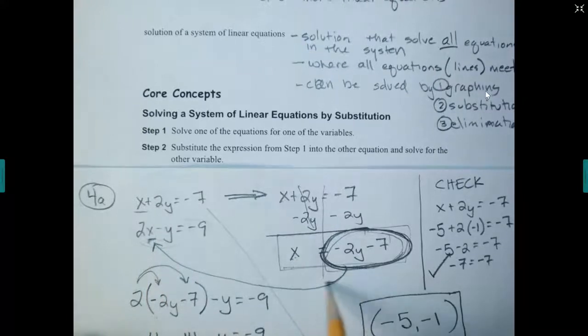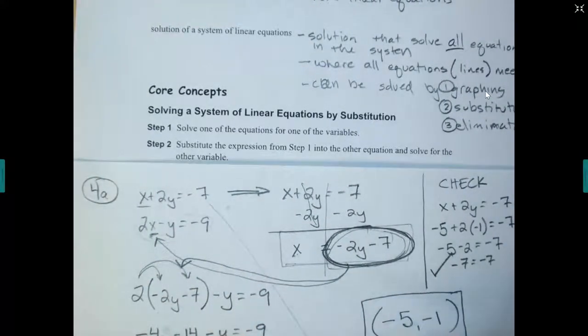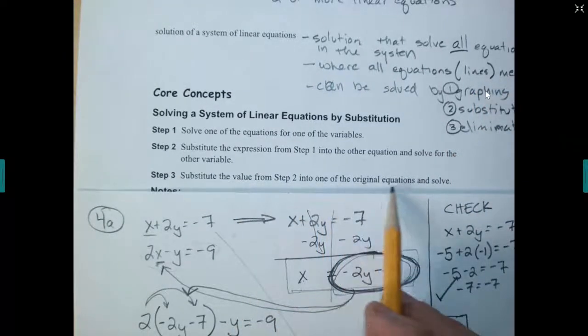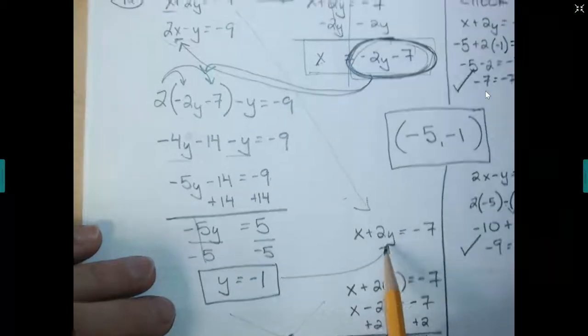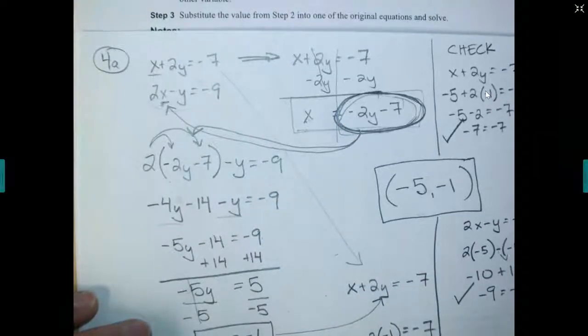So there it is, I substituted it into the other equation. And then substitute the value from step 2 into one of the original equations. So I got this answer, y equals -1, and I substituted it into one of the original equations. So that's step 1, 2, and 3, and how to do it.